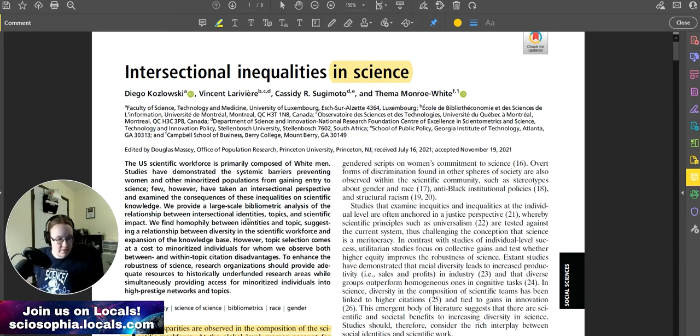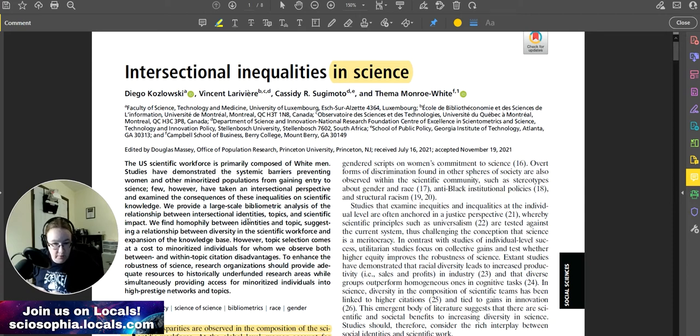Let us read the abstract first, and then I will show you a few things about this particular article that would be of interest. The U.S. scientific workforce is primarily composed of white men. Studies have demonstrated systemic barriers preventing women and other minoritized populations from gaining entry to science. Few, however, have taken an intersectional perspective and examined the consequences of these inequalities on scientific knowledge. We provide a large-scale bibliometric analysis of the relationship between intersectional identities, topics, and scientific impact.